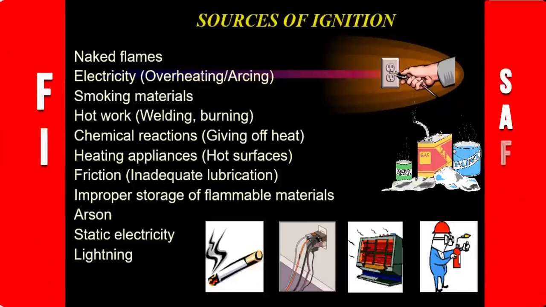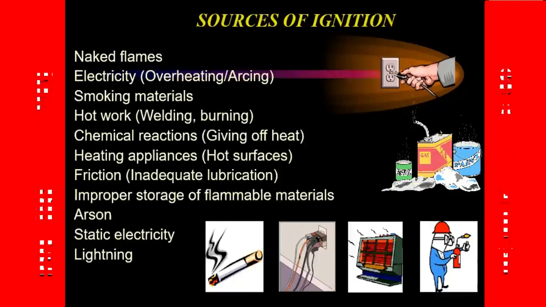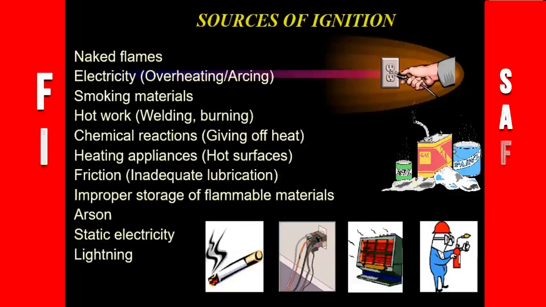Do you know the common sources of ignition which may cause a fire? These sources include naked flames, electricity, maybe overheating or arcing is the cause of fire, smoking materials, hot work, chemical reactions, heating appliances.